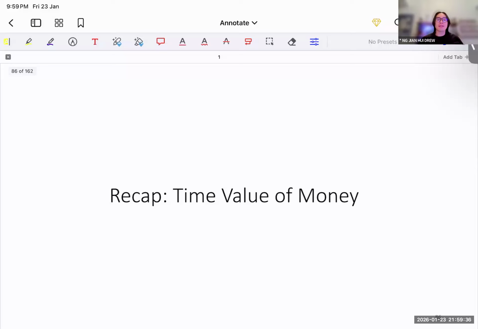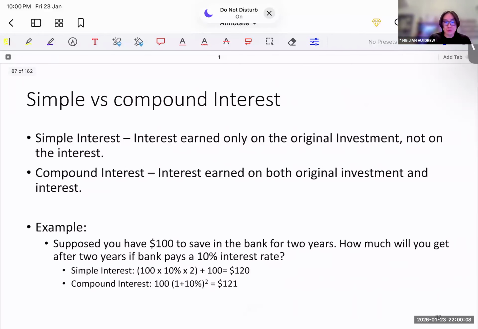So this recap on time value of money is for you to go through, and it's important because the next lecture we're going to tackle the quantitative aspect of valuation, and you need to know things like perpetuity, growing perpetuity, annuity, annuity due, ordinary annuity. So all these concepts, in case these terms are very vague to you, you can't remember from 2 years ago, I encourage you to look through them.